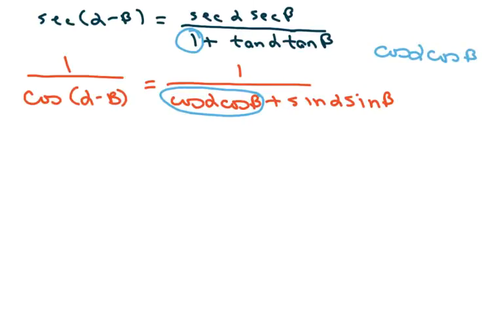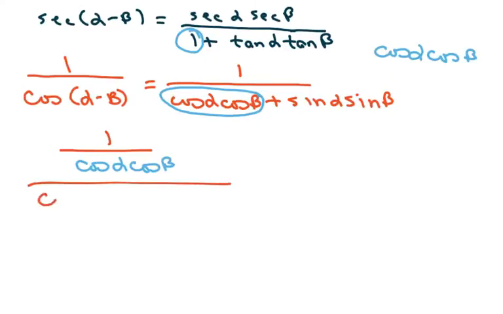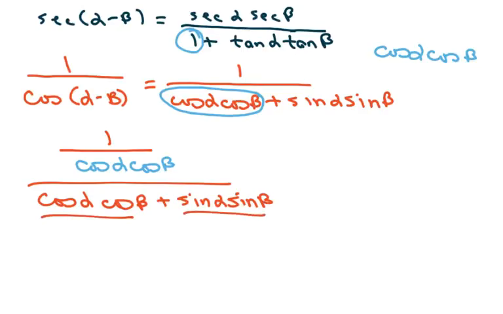So I'm going to go ahead and write this. We have 1 over cosine of alpha, cosine of beta, divided by cosine of alpha, cosine of beta, plus sine of alpha, sine of beta. And we're going to divide both pieces by that, cosine of alpha, cosine of beta.